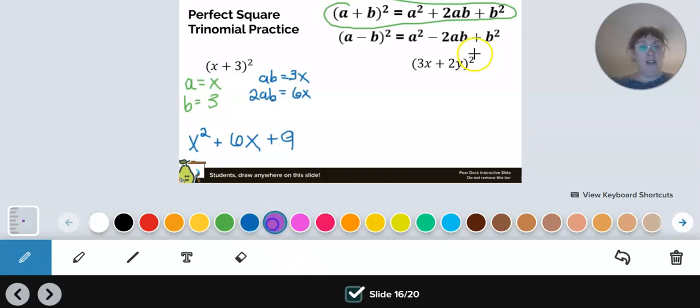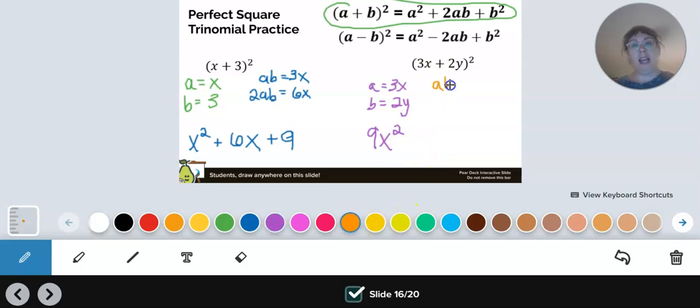On the right, our a value is 3x, and our b value is 2y. We see addition in the middle. A squared is 3x squared, which gets us 9x squared.